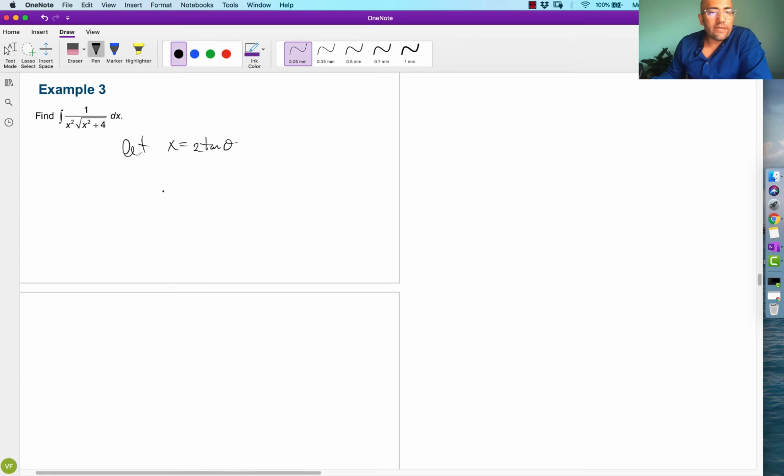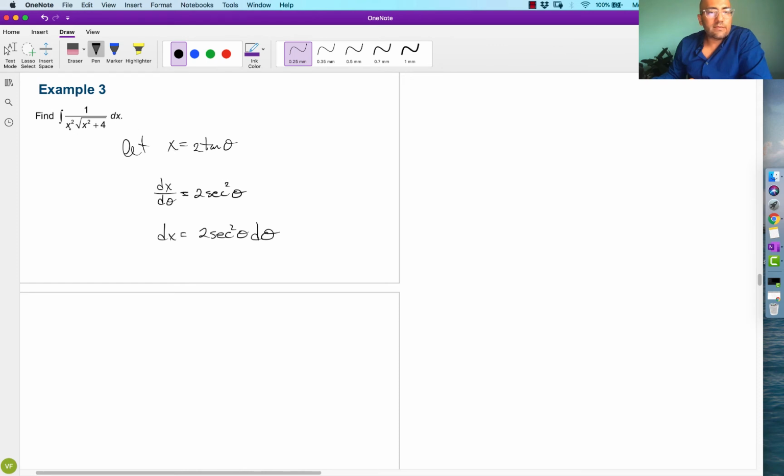Good. So therefore its derivative, dx d theta, is going to be equal to 2 secant squared theta. So dx is equal to 2 secant squared theta d theta. Good. So we'll need that when we substitute it.